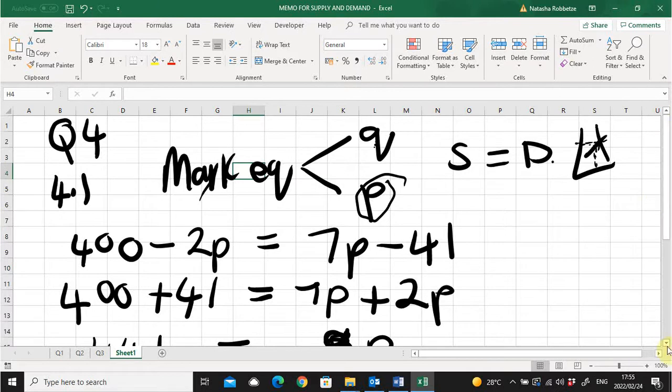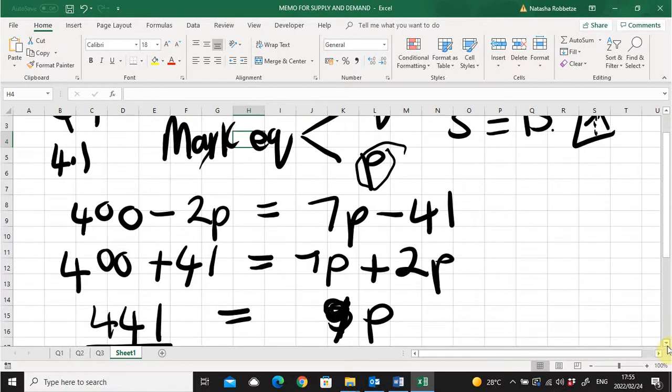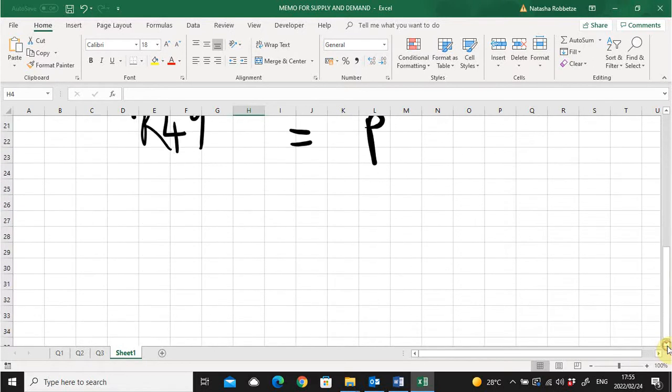I always like to use the supply function to solve it. So what was the supply function? Oh, I beg your pardon, this one was given as quantity, the supply quantity. Let's try again.